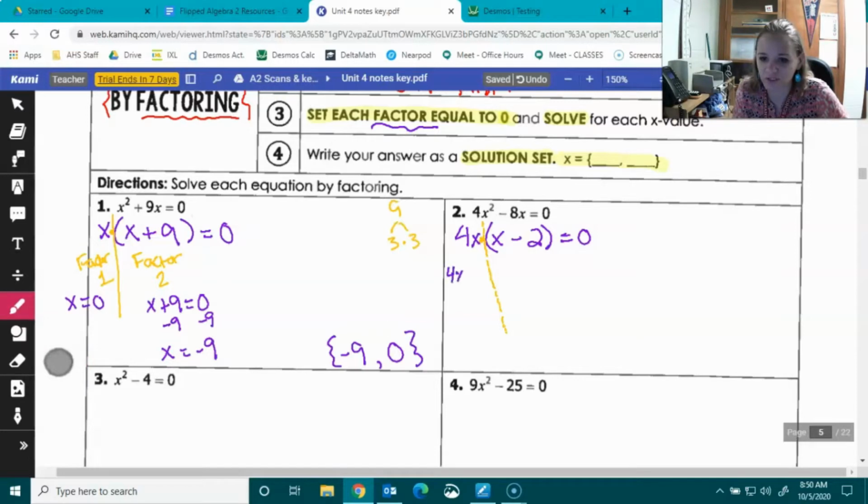So x equals 0 and x minus 2 equals 0. Divide by 4, and 0 divided by 4 is just 0. And then add 2, and x is equal to 2, making our solution set 0 and 2.